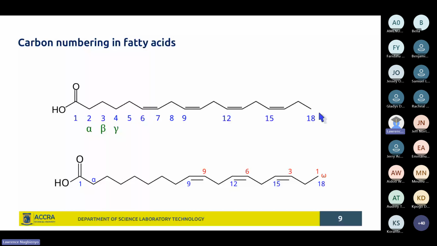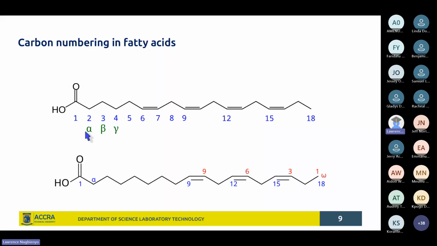But there are other forms of numbering where the carbon which binds to the carboxylic acid group carbon is the alpha carbon. So the carbon number 2 is the alpha carbon. The next to it, the beta carbon. So this is using some Greek alphabets in numbering.